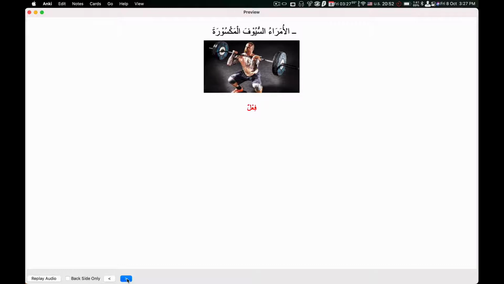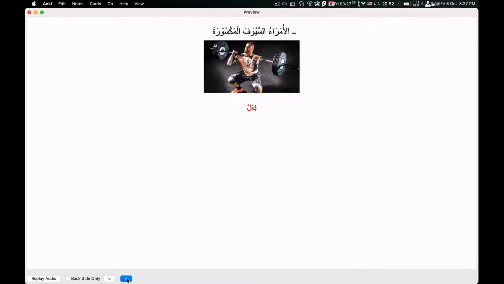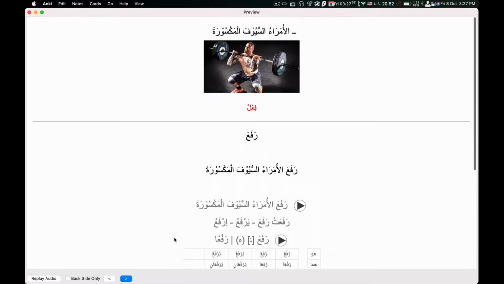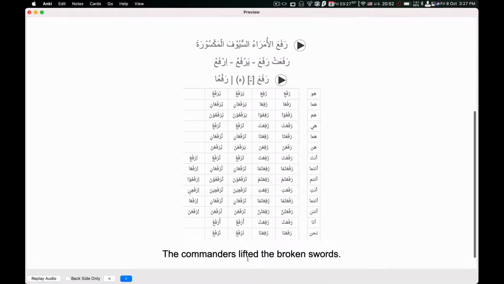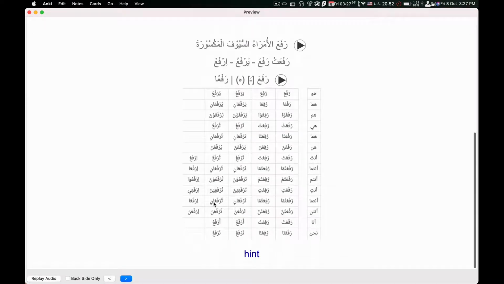Dash umarahu suyufal maksurata. The prince raised the broken swords. So we know it's a verb. So, rafa'a, okay, that's correct. From here we have the sentence, we have the verb conjugation, and we have the hint to give us the meaning of the sentence.